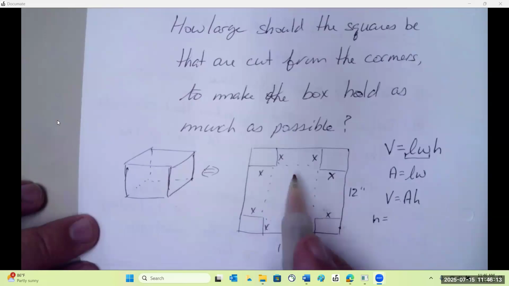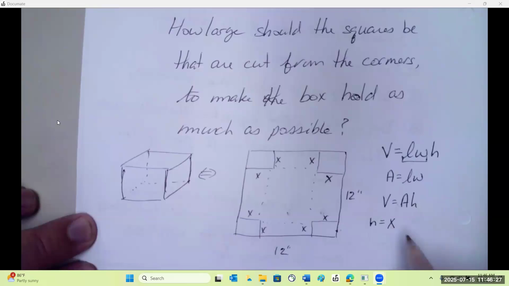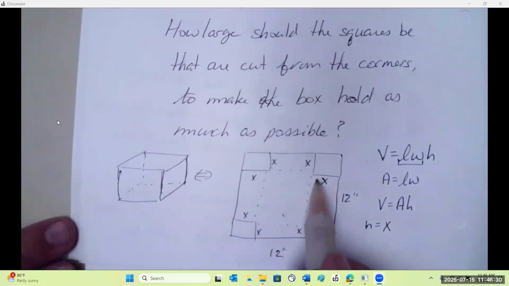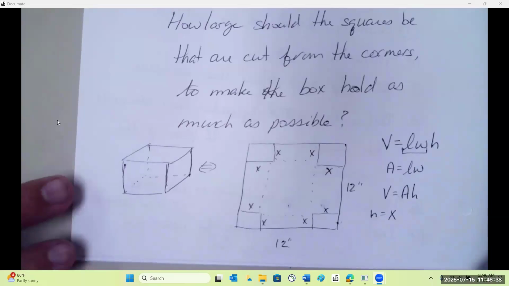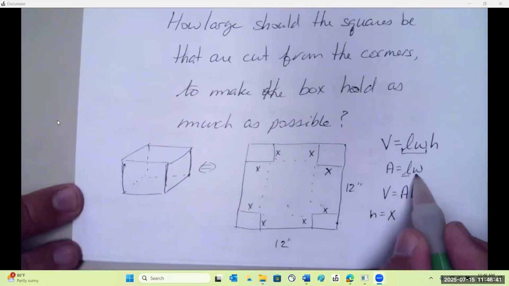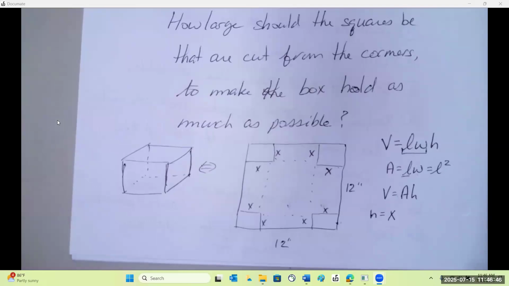When you fold these pieces in, how tall would the walls be? x, because that's how long the cut is here. If we fold it up, it's x units high. Okay, so now we have to figure out the base. Since length times width are the same size, it's going to be length squared. It's a square sheet, so we're making a square box practically.